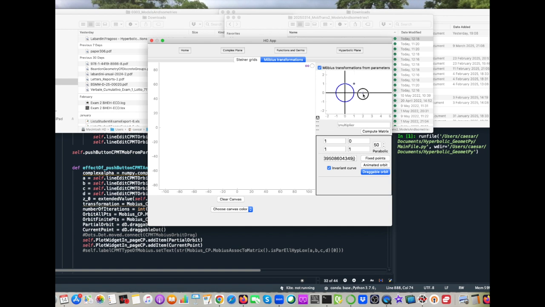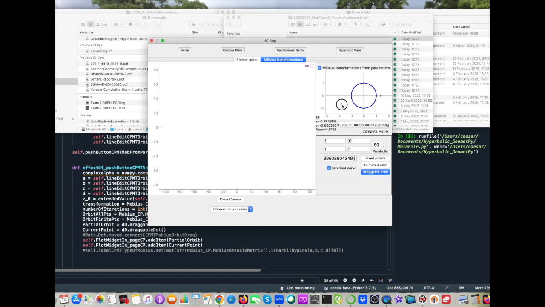You see this point moves here, but it cannot go to the negative. I don't allow it because the idea is that it gives me the parameter alpha for the hyperbolic transformation.